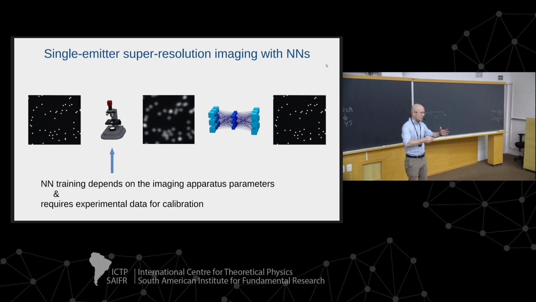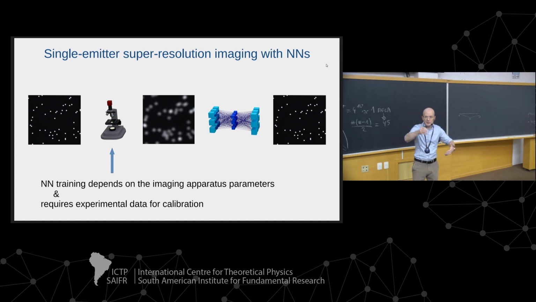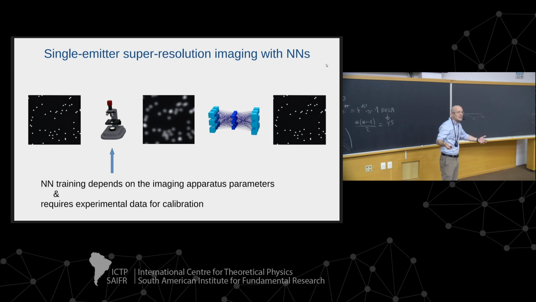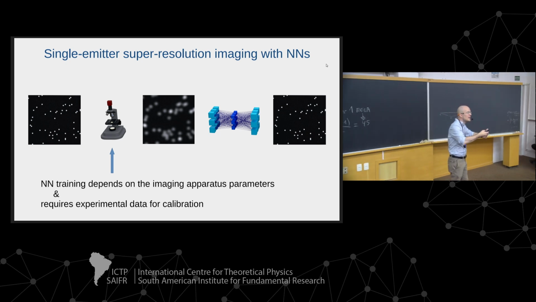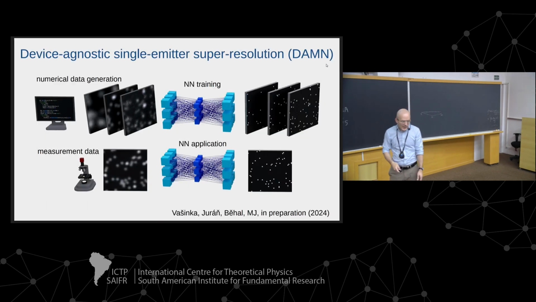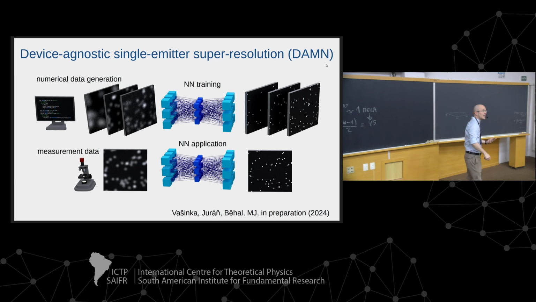Okay, probably what we need is lots of data to train such a device-agnostic model. And again, it's not so easy to get lots of data from this microscope, that microscope, this defocusation, and so on. Plus, we can induce some experimental biases there. So we decided to train on synthetic data, on numerically generated data.